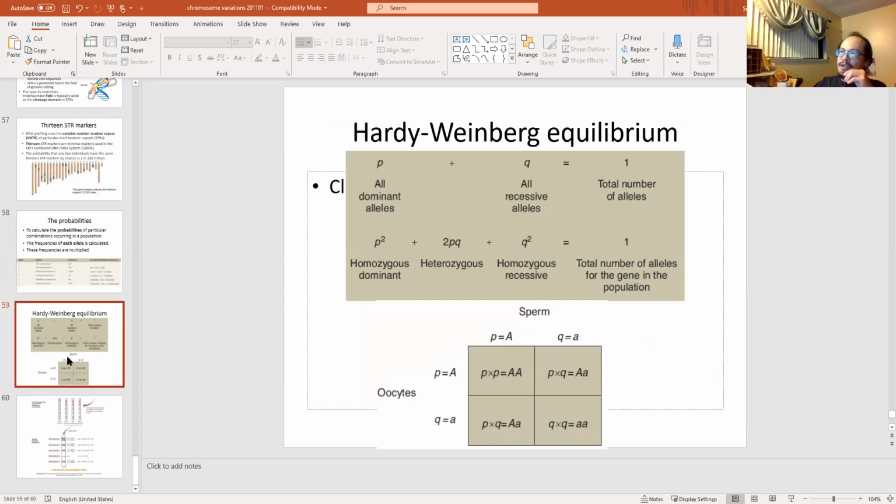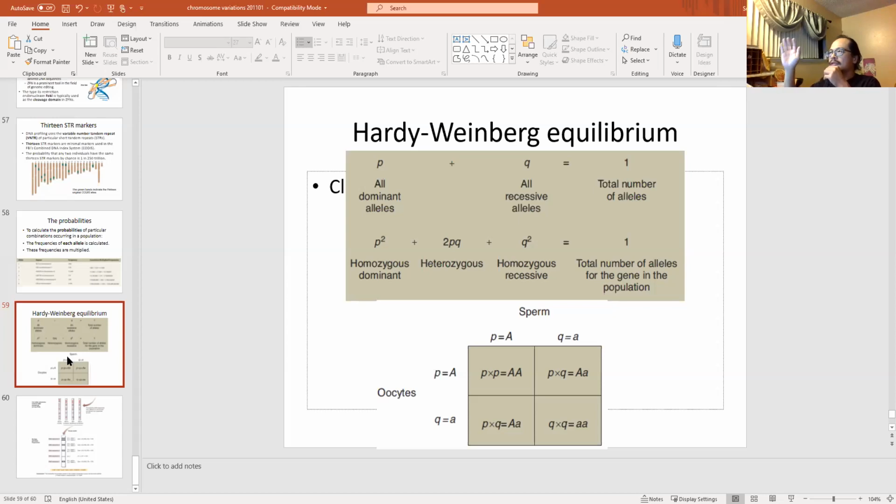Very quickly, we need to know the equation. This equation is called the Hardy-Weinberg equation. This equation is very interesting; it is a paper published in Science. You probably didn't know it, but the journal Science is actually a pretty good journal.